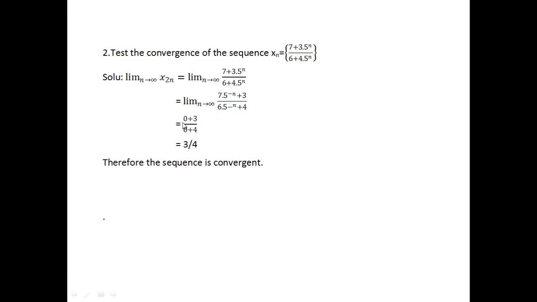So 0 into 7 is 0, plus 3, divided by, similarly, 1 by 5 to the power of n is 0; 0 into 6 is 0, 0 plus 4. Ultimately we have 3 by 4. Since we have a unique finite value, the given sequence is convergent and converges to 3 by 4.